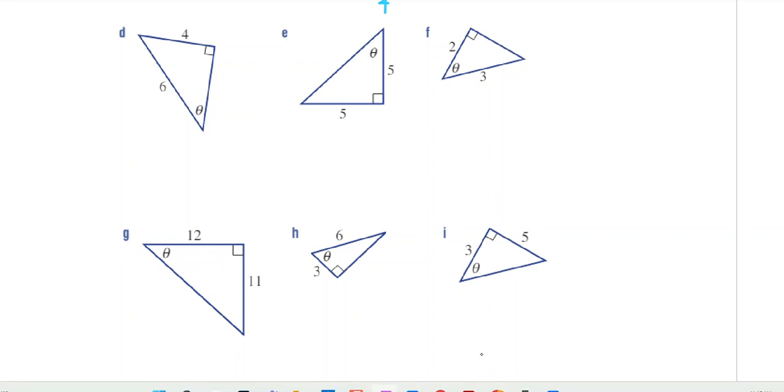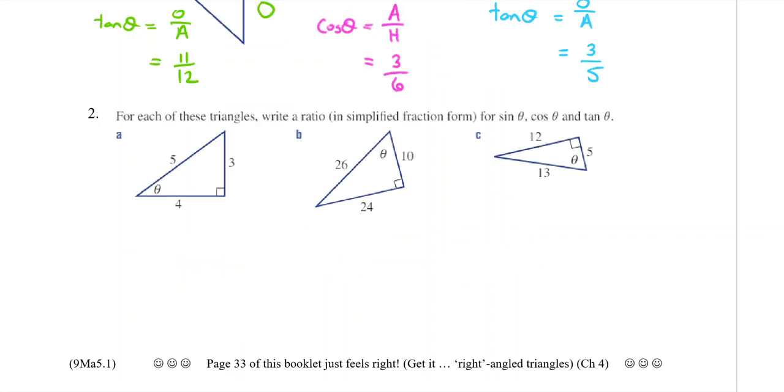Okay, so if I write down sine theta equals opposite over hypotenuse. That's my first formula. And I'm going to have cos theta equals adjacent over hypotenuse. And I'm going to have tan theta equals opposite over adjacent. They're the three formulas.